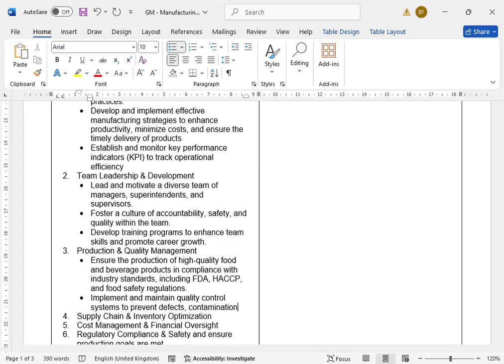Otherwise, the company will have problems and lose money because of the recall, calling back all the products from the consumers or customers to the plant, or spoilage.